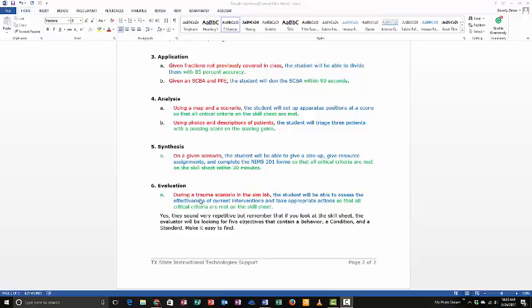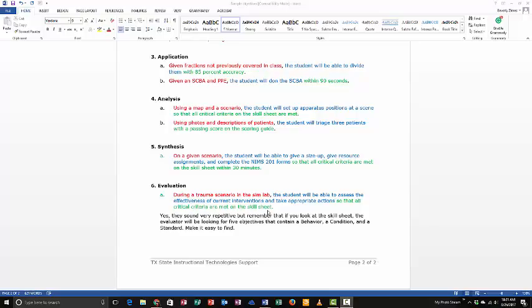Oh, sometimes it's hard to come up with a standard. And so that all critical criteria are met on the skill sheet is kind of a good way to do it when you're dealing with an upper level thinking skill thing where they're going to have lots of steps to do for you. Writing a skill sheet is necessary to be able to evaluate them later.